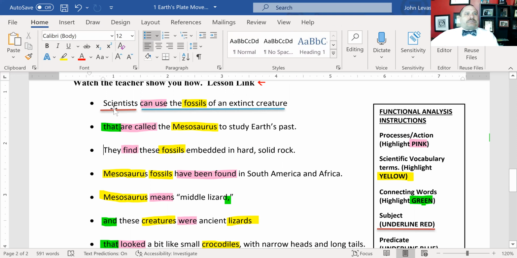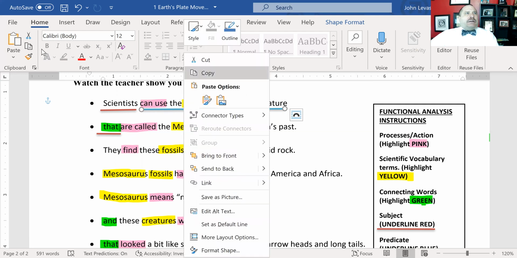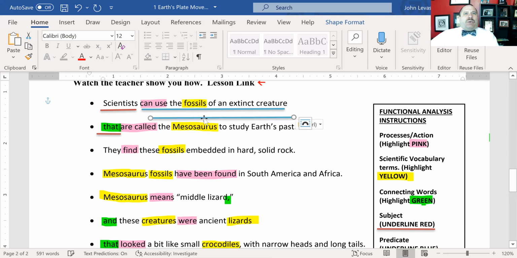All right. Let's look at the next clause. And the subject is that. And we've already said that that means extinct creatures. Once again, the subject, that, came before the verb or before the process or action.